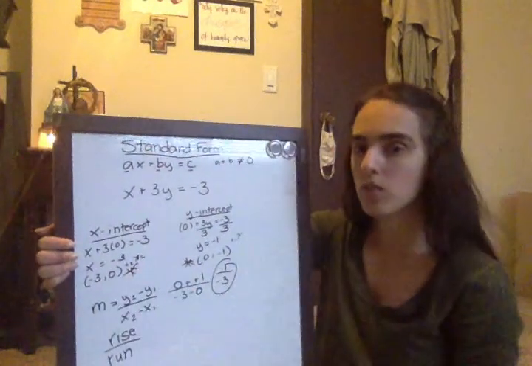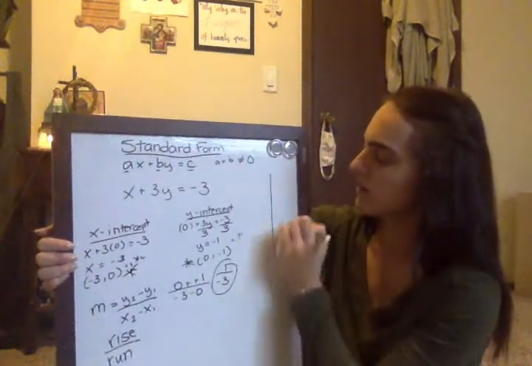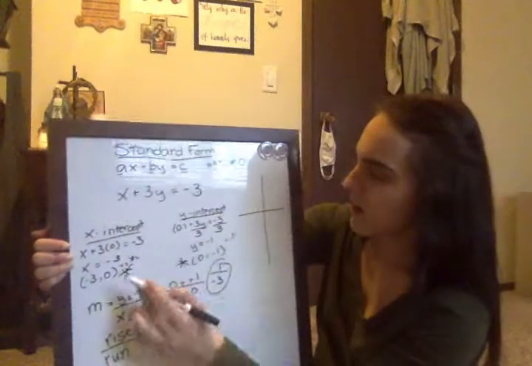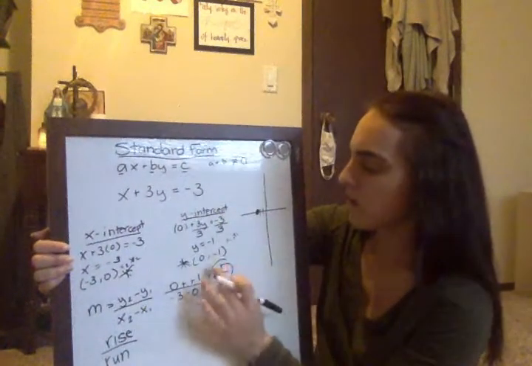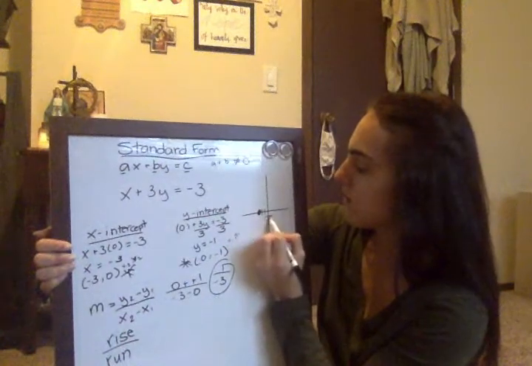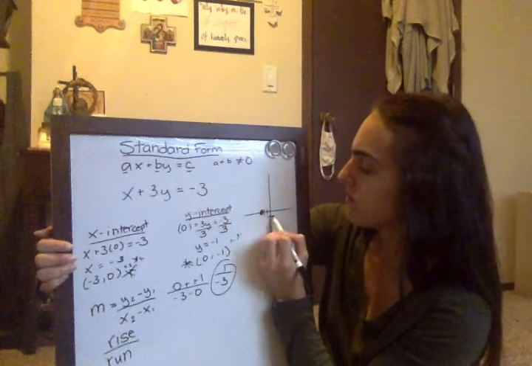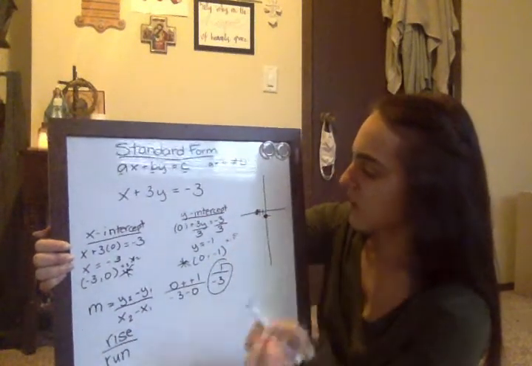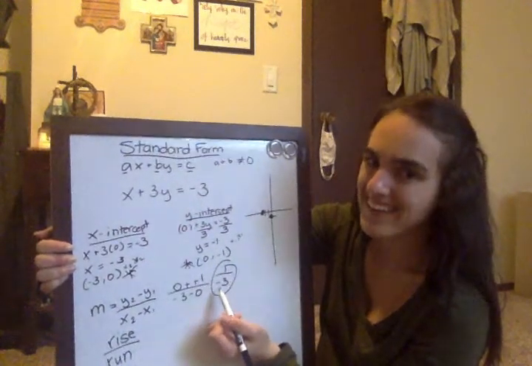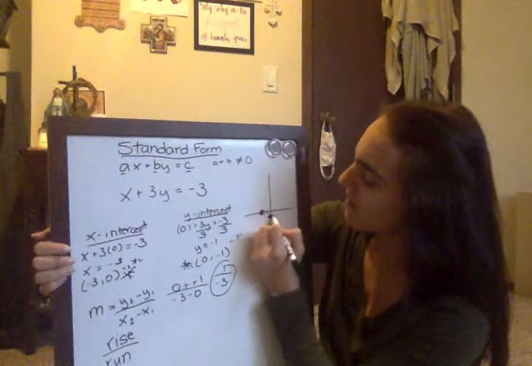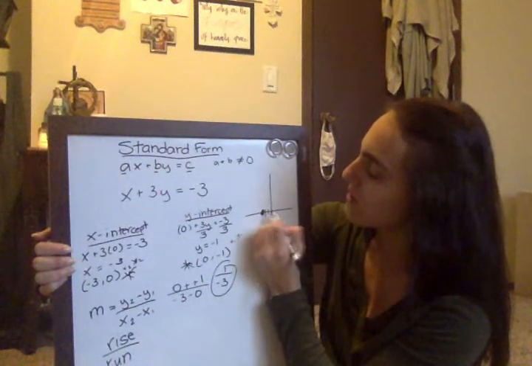And I have 2 points. See those 2 points, remember? And now I can graph. So let's start with my x-intercept, negative 3, 0. And my y-intercept is 0, negative 1. And then we go up or down 1, left or right 3. So you can tell from here that we went up 1 to the left 3.